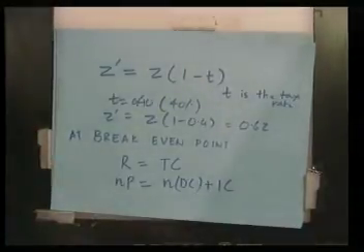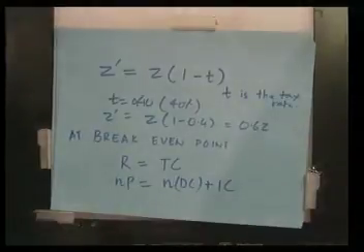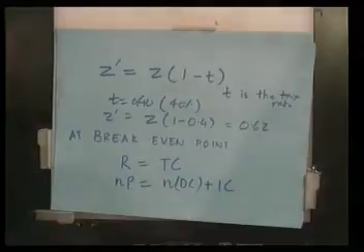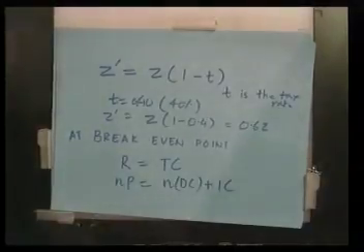Now, remember that this is true only at break-even point. That means, at break-even point I am just able to recover my costs. Whatever I have spent, I am able to get it by selling that particular product. Anything less than this value of N means I am running into losses.